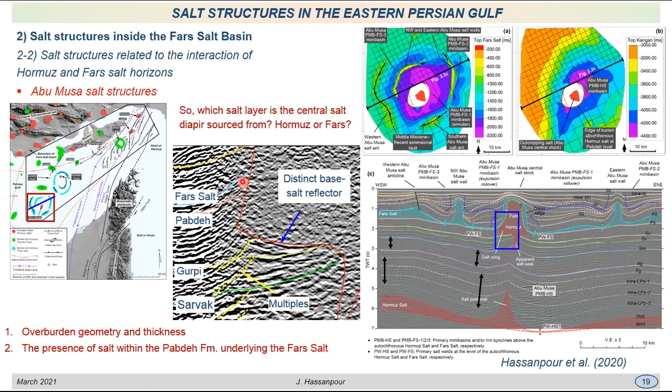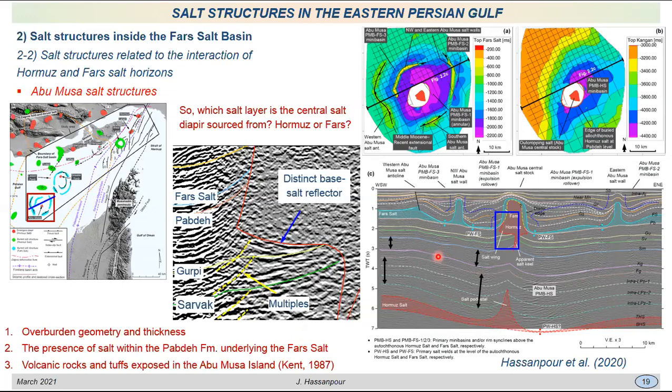And the third point is that there are a lot of volcanic rocks exposed on the island surface. These volcanic rocks are derived from the Hormuz Salt, and it is not only unique to this salt structure, it's found in many of the salt diapirs in the Zagros and Persian Gulf.